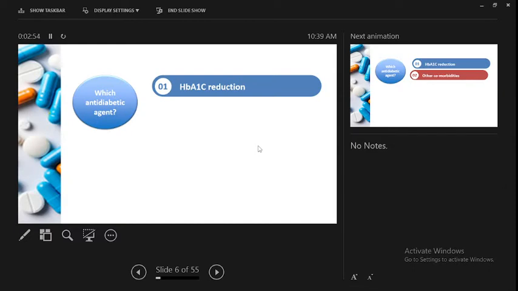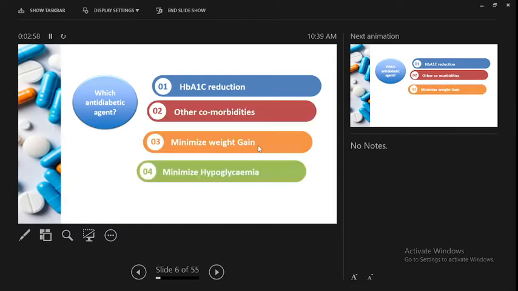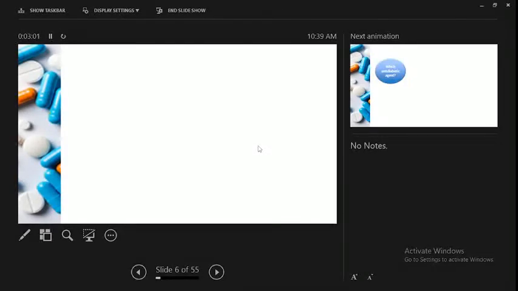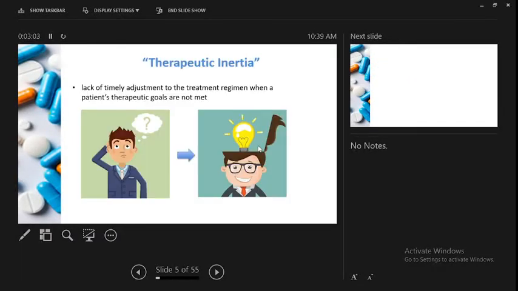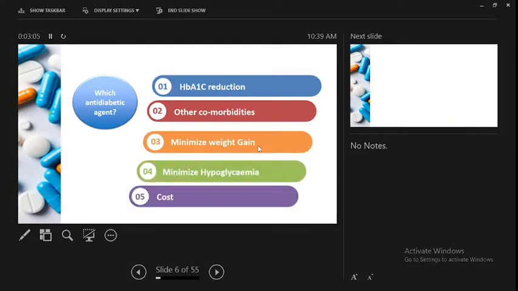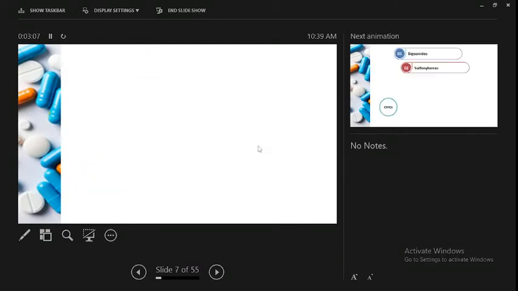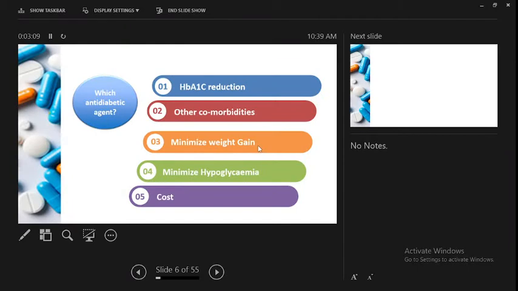Is this drug going to reduce your patient's blood sugar to the desired level? The second one you have to look at is the other comorbidities, such as the presence or absence of other cardiovascular diseases or particularly renal and cardiovascular disease.